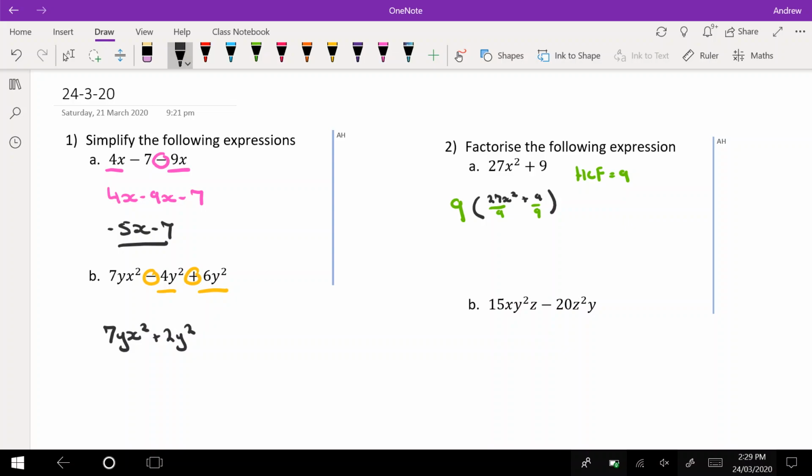So it's going to get you to 9 outside of 3x squared plus 1. 27x squared divided by 9 is 3x squared. 9 divided by 9 is equal to 1. That's why we've got those terms in there. If I was to expand that out, I'd just get 27x squared plus 9, which is how we can always check our answer.